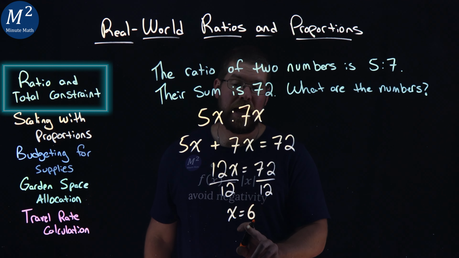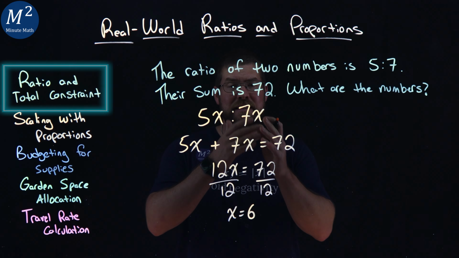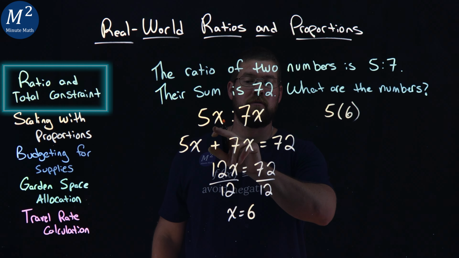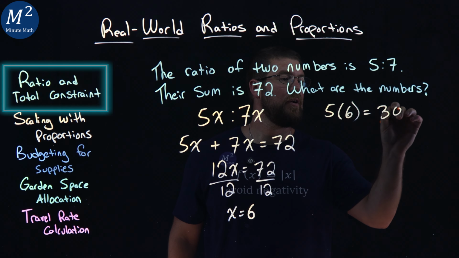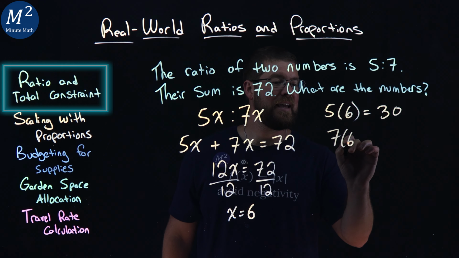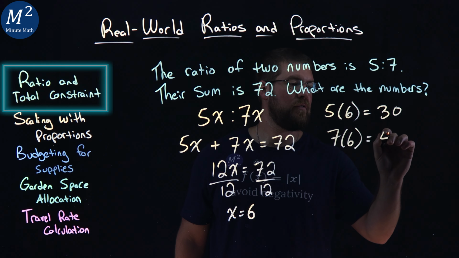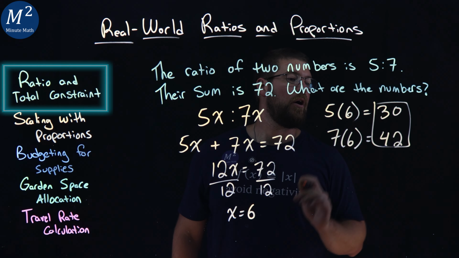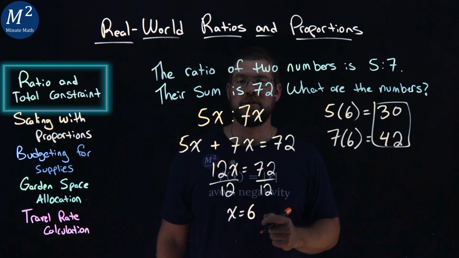Now we multiply x by 5 and 7 to get our two numbers. 5 times 6 is 30, and 7 times 6 is 42. So our two numbers here are 30 and 42.